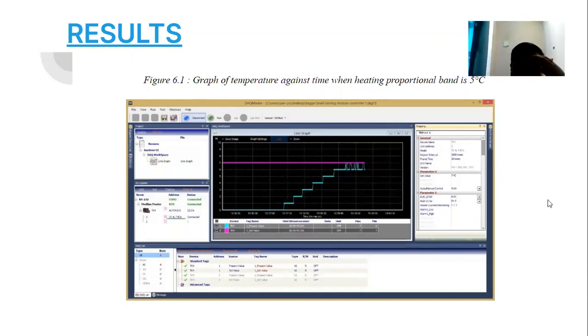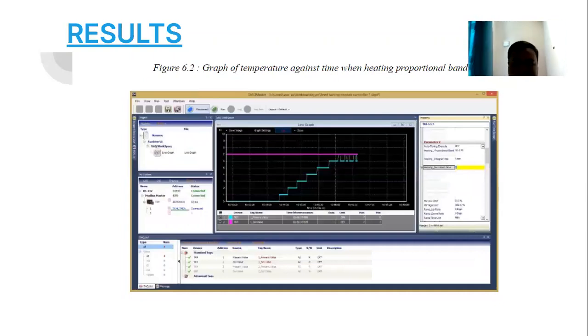The temperature rose at about 1 degree Celsius constantly until it reached 6 degrees Celsius, and then the temperature was unstable throughout the experiment.